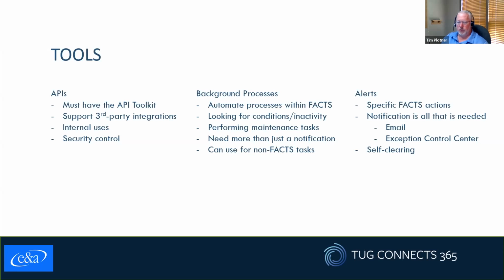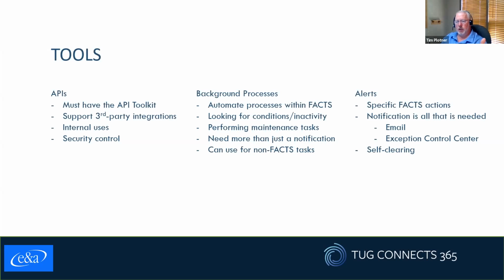You can change passwords so they can't get access to it, etc. So the API toolkit usually means you're going to be asking FACTS to return some kind of information to you, like give me a list of all the open orders for a customer, or you're asking FACTS to do something for you. Like I am a third-party storefront and I want FACTS to create a sales order. There is an API that can be accessed that will create a sales order for you in FACTS.